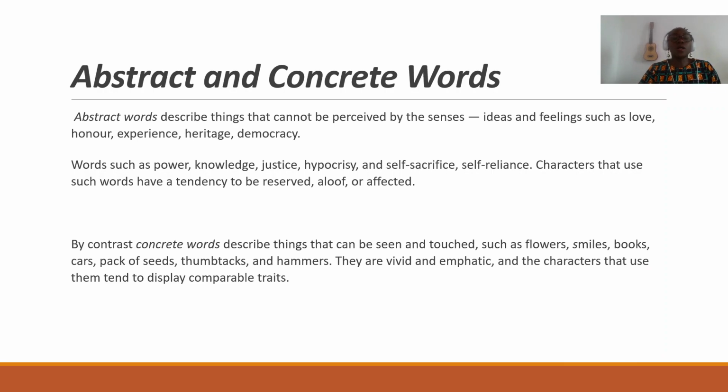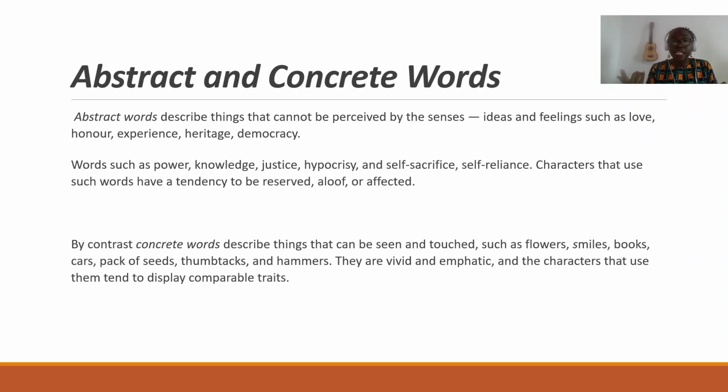Now, when we talk about words, there are varieties of words that are used in a play. You can have abstract words or concrete words. The easiest way to understand the difference between abstract words and concrete words is to relate it to your five senses. Abstract words describe things that cannot be perceived by our five senses.